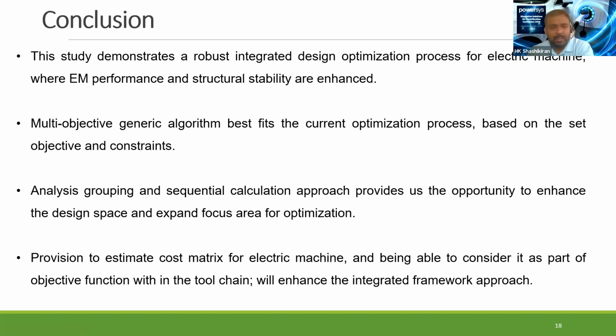So as of now, for the baseline machines that we have already tested, we are able to achieve close to 3 to 5% of variation. But it also depends on the manufacturability and everything. As of now, we have reduced our correlation matrix from 10% to 5% because we are able to achieve that.